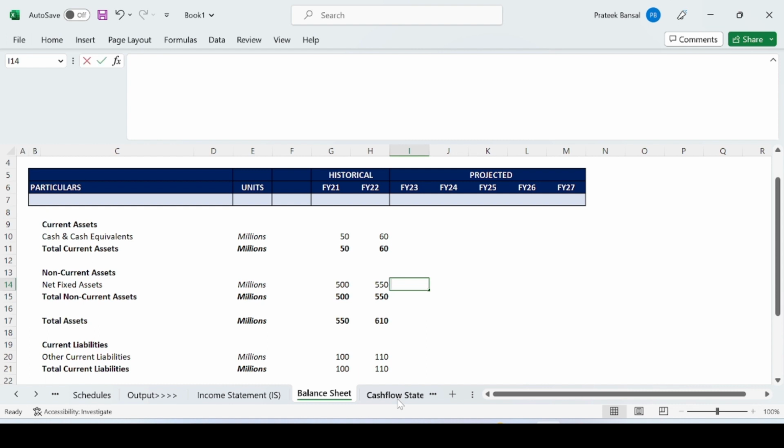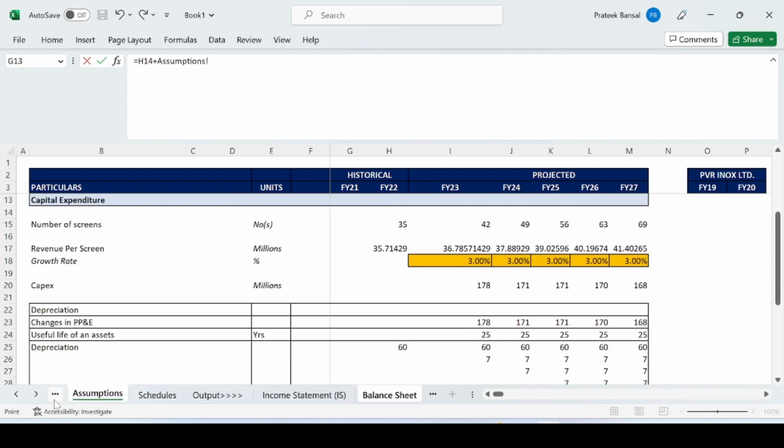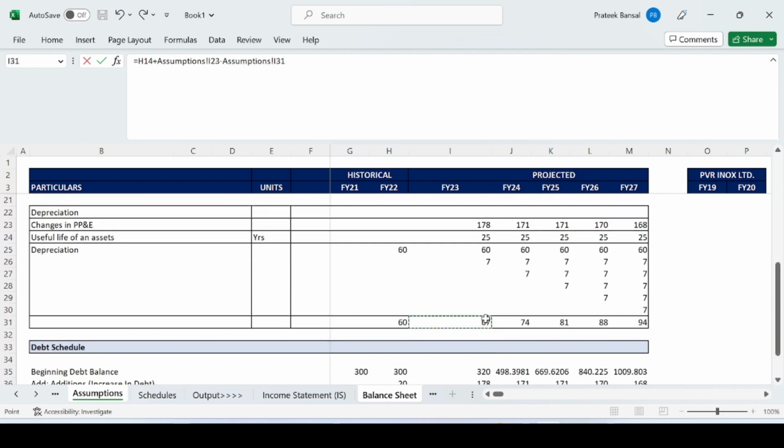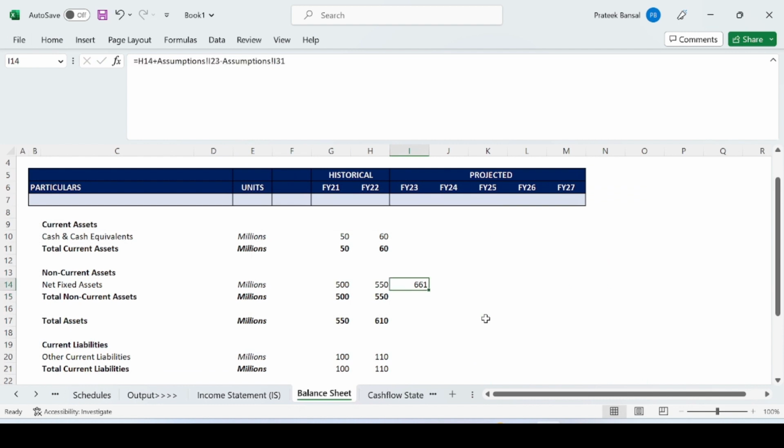So net amount will be equal to the previous amount of PP&E plus the current year capex, that is changes in PP&E. This is a gross amount. We need to deduct the depreciation from it, the total depreciation of the current year. All right, so this is the net fixed assets for the particular years we are trying to solve.